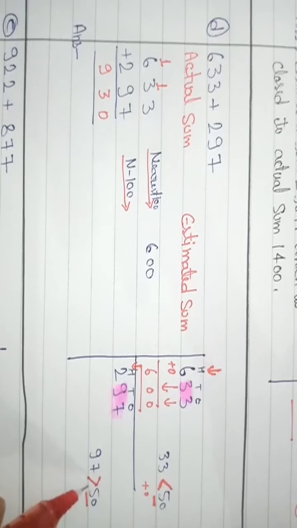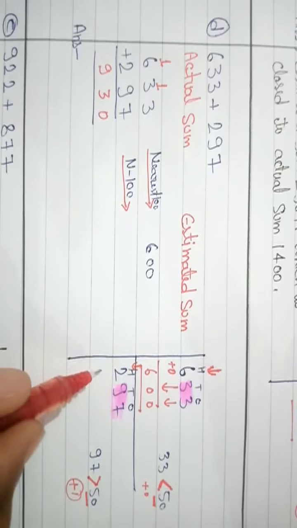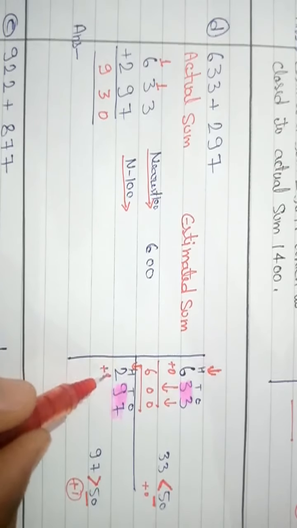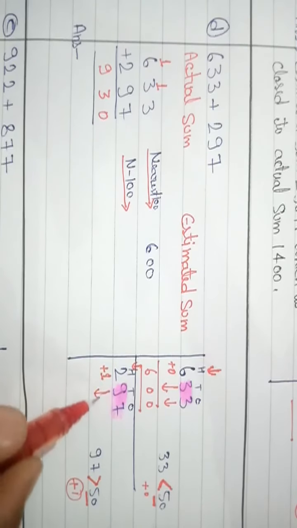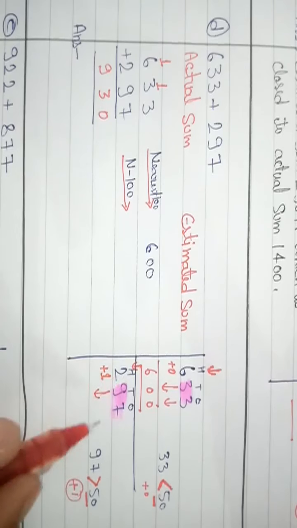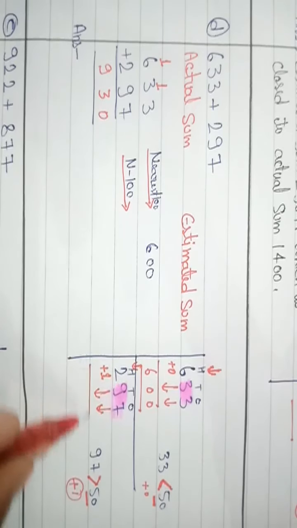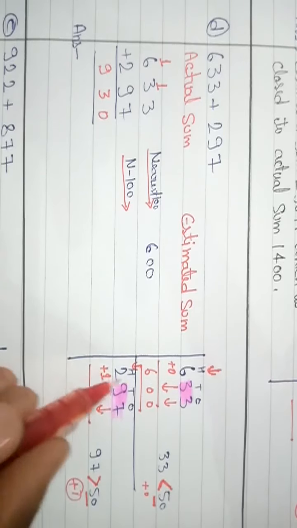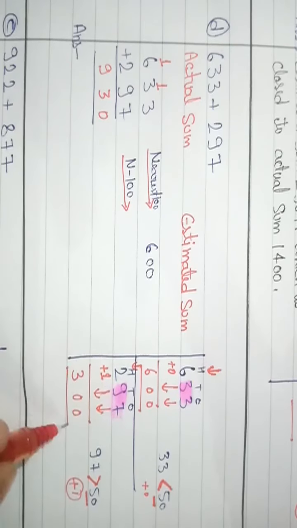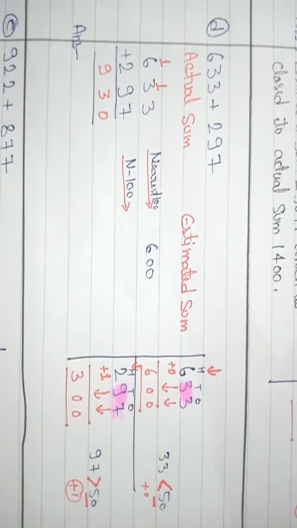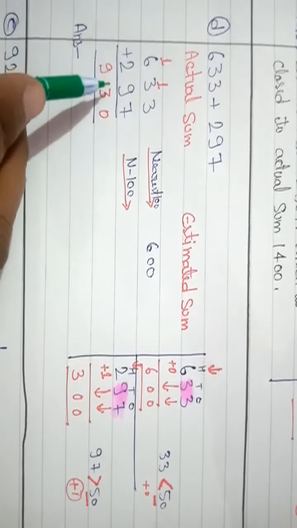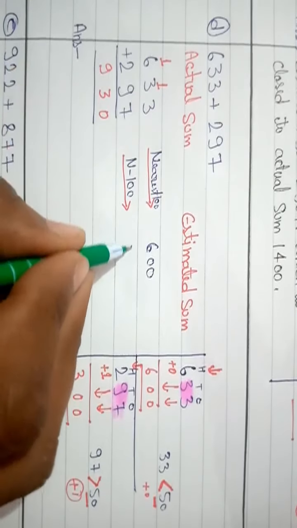So 97 is bigger than 50, so we will add 1 in the target place: 0 0 and 3. So 300 is the nearest 100 of 297.